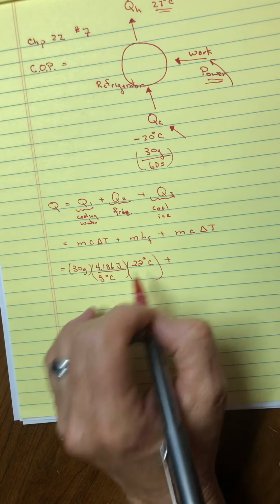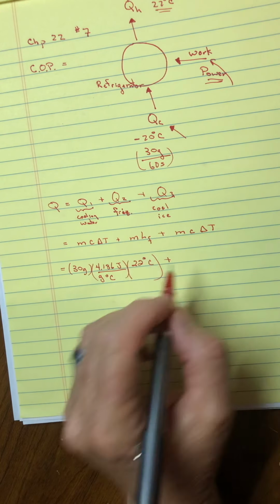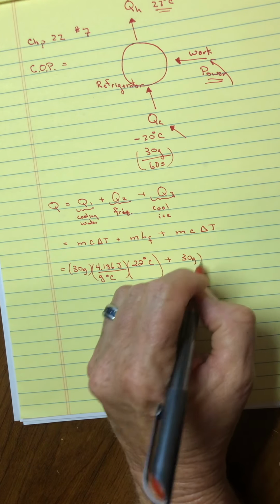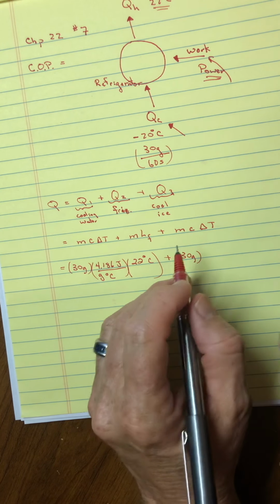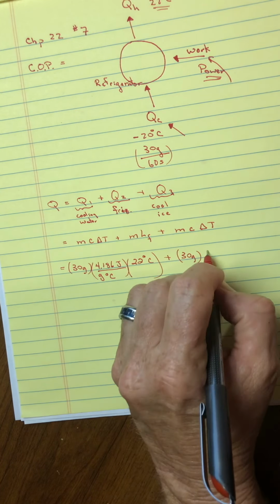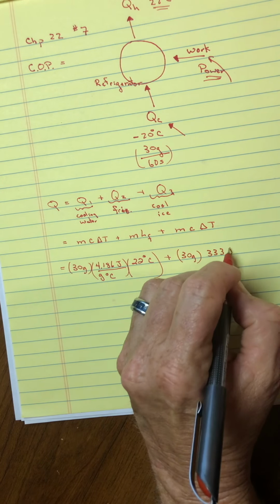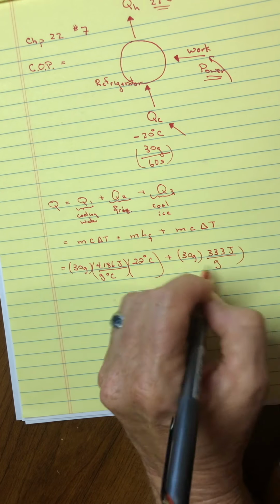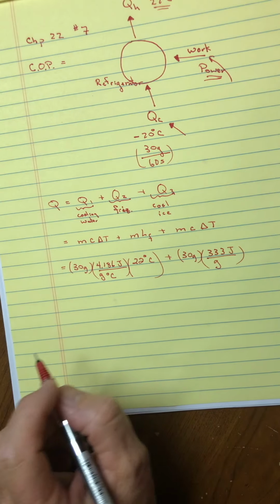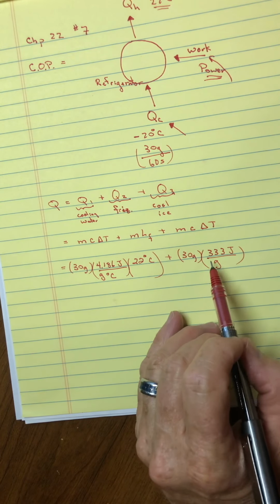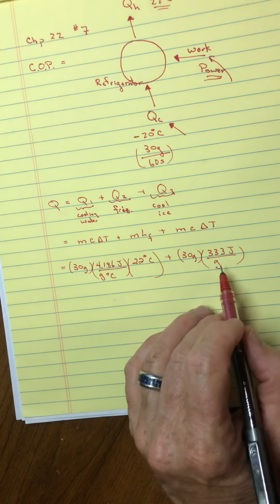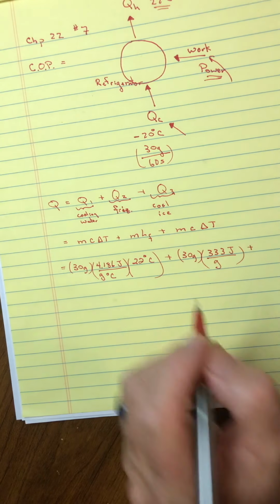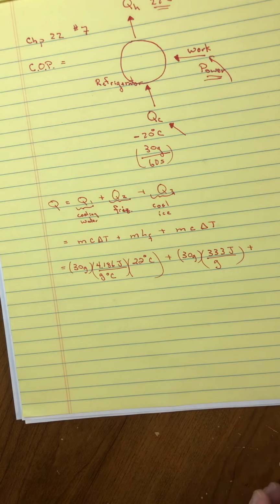So that's the water part of it cooling down. Then we've got the 30 grams of water, which is now at 0 degrees, and then it is going to begin to turn into ice. And it requires 333 joules for each gram to be removed.